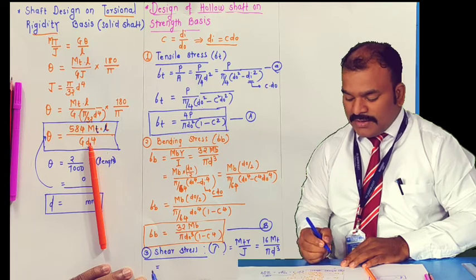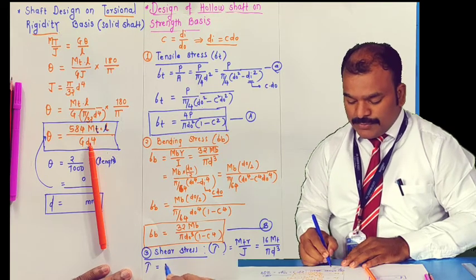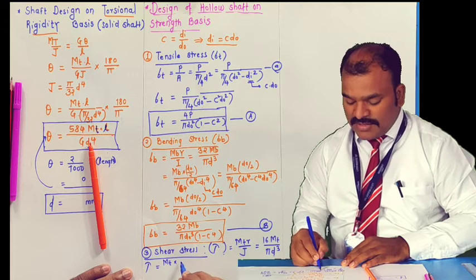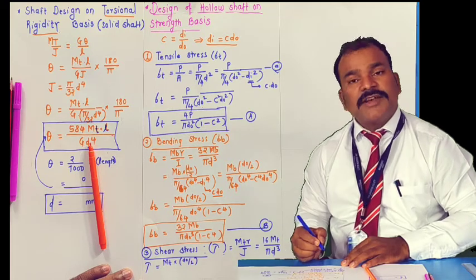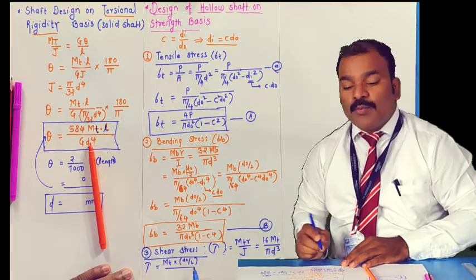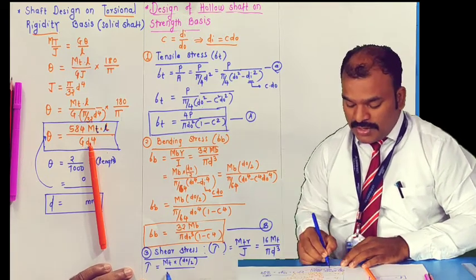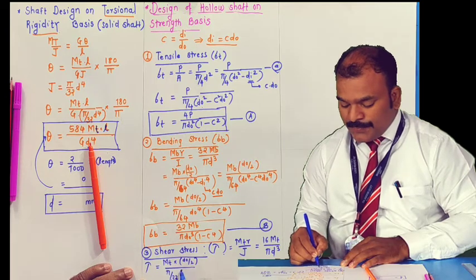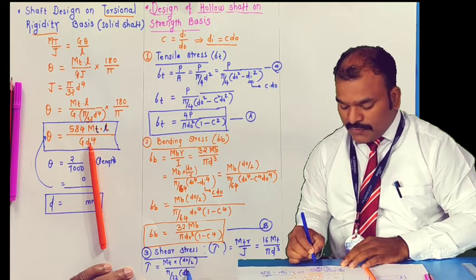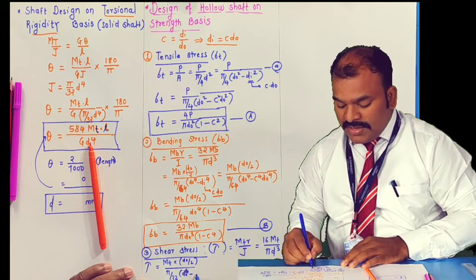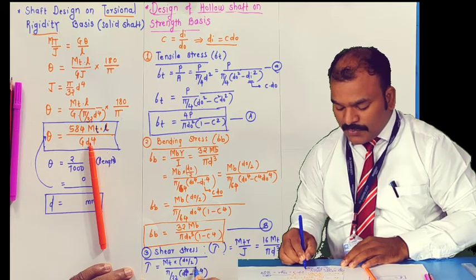So I'll write tau is equal to Mt, the torsional moment, into radius, which is nothing but dO by 2 on the outer side, since it is a hollow shaft. Polar moment of inertia is pi by 32 into dO raised to 4 minus di raised to 4. Correct?